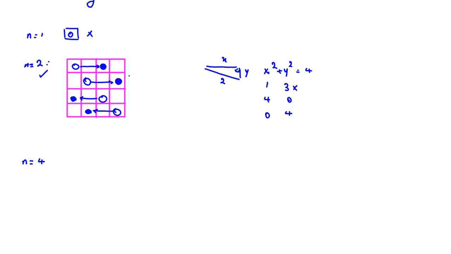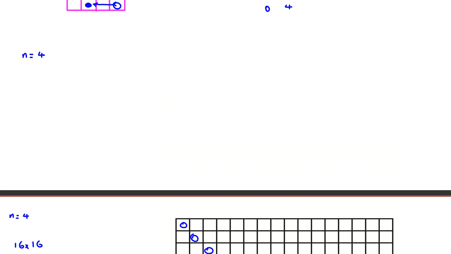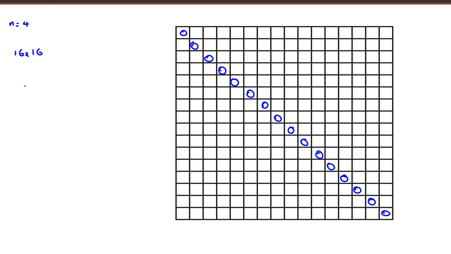Here n is 4 and it is a 16 by 16 table. For n equal to 2, which was 4 by 4, we considered the initial case, the main diagonal. So here I draw the main diagonal, and after that we want to move them like the case n equal to 2. In that case the distance was 2. In this case, the distance is n, so the distance is 4.